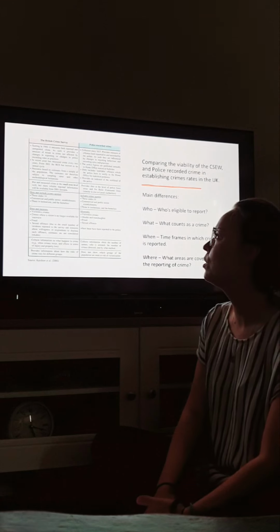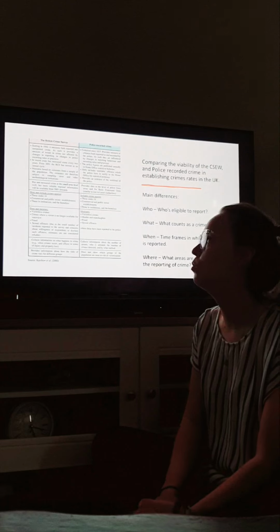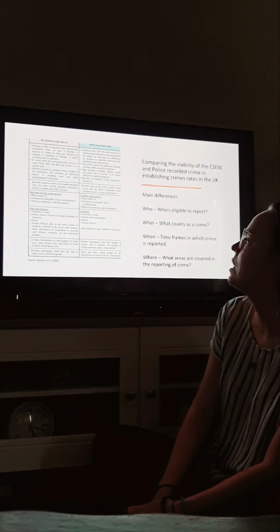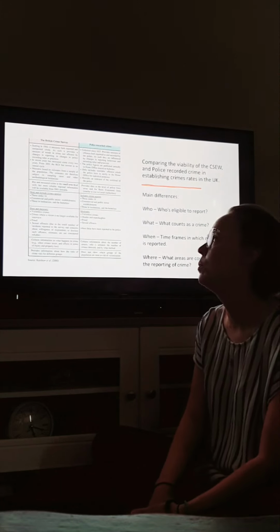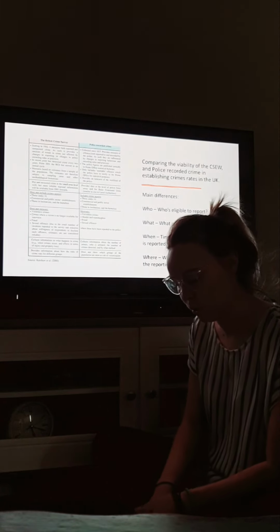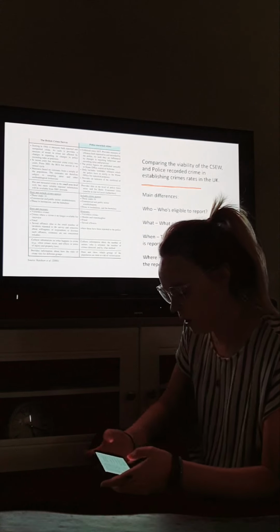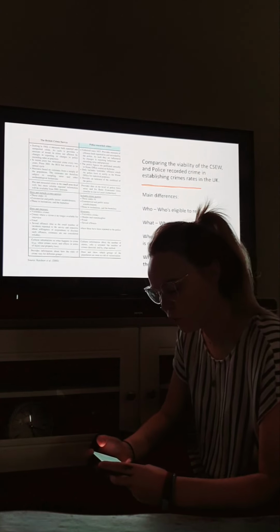As discussed, the CSEW will not include crimes against those under 16 or those against public sector establishments, those in institutions and the homeless, whereas anybody can report a crime to the police. What counts as a crime?